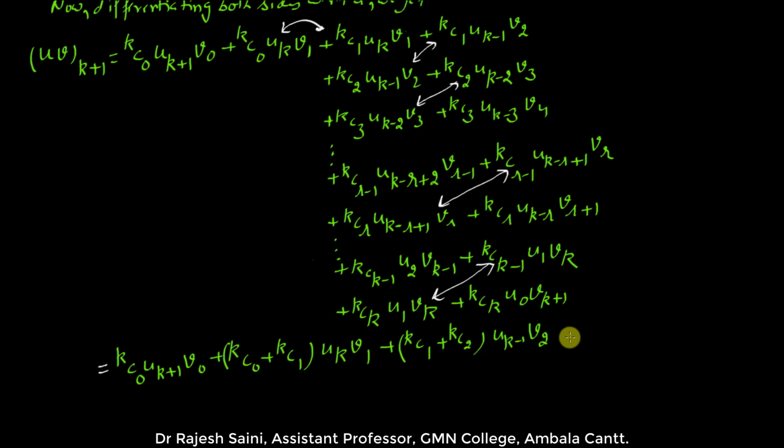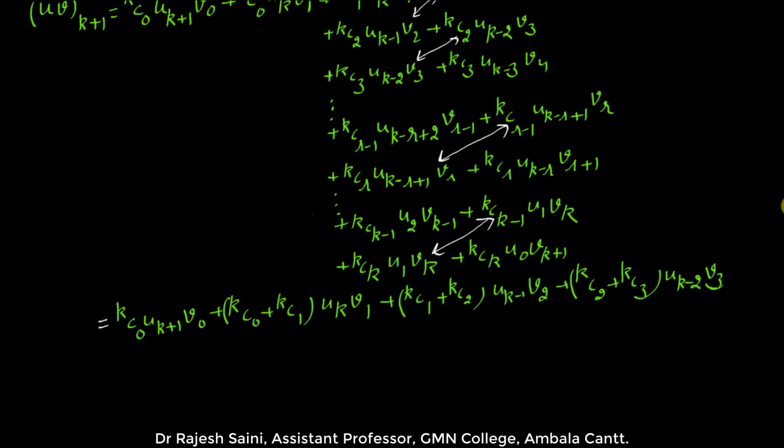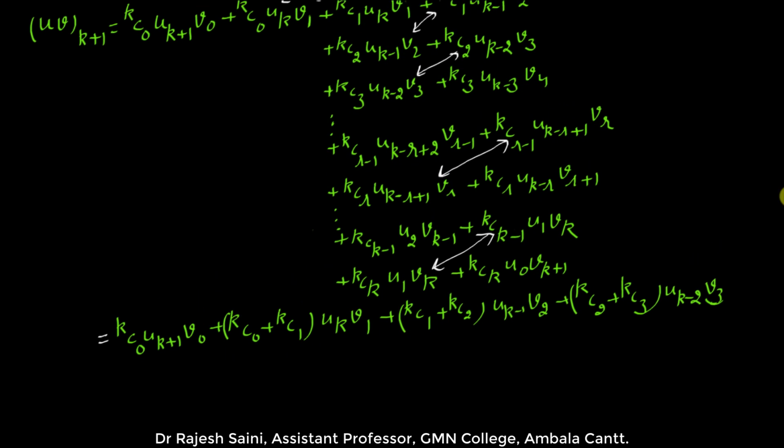Now collect these two terms, kC2 plus kC3, and outside is u(k-2) v3.